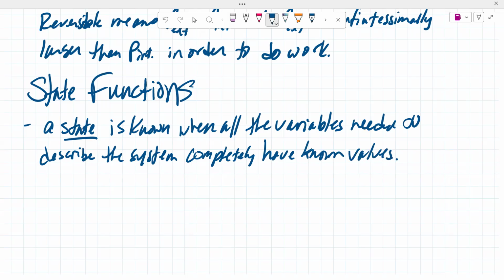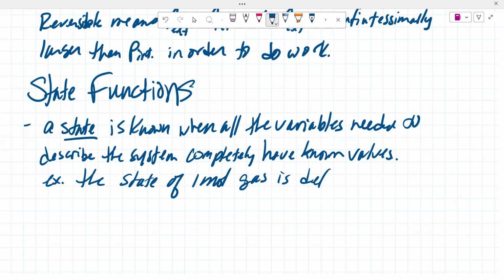Sometimes in my research, we use phase space. Example, 1 mole of gas is defined completely by its variables of state.